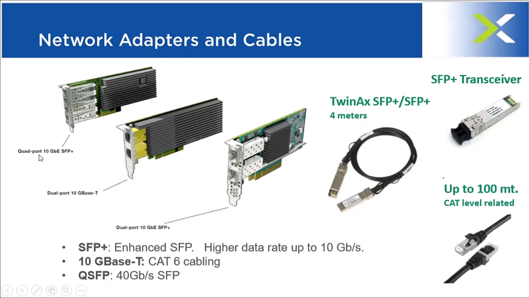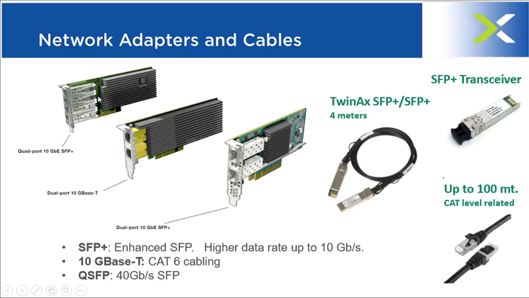That means this is a quad port 10 gigabit, which has 4 SFP ports. Then we have the classical one, the dual port 10 gigabit Base-T. That means the classical one, the RJ45 port. We use an Ethernet cable with an RJ45 connector to connect to this one. Then we have another type, the same as this one, but this one only has 2 ports, so dual port.